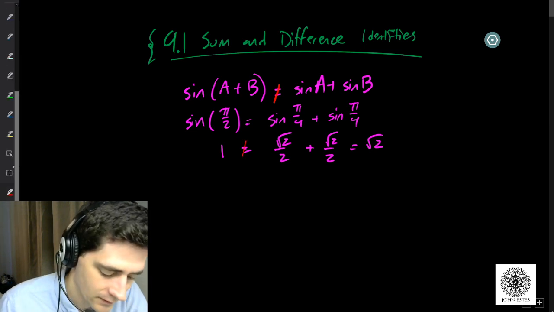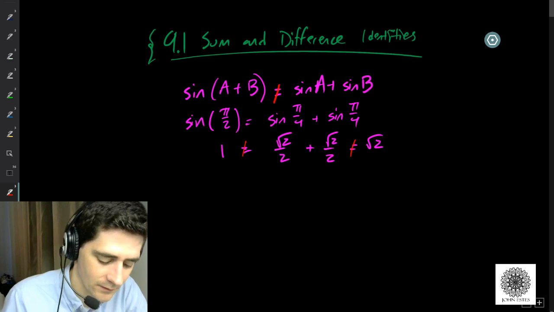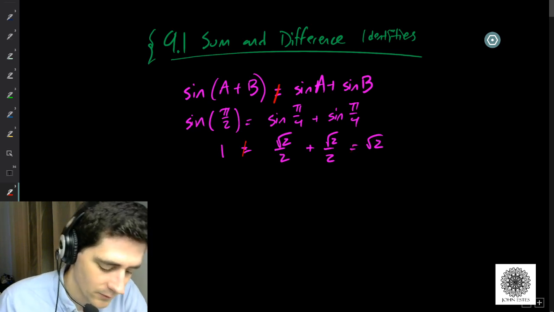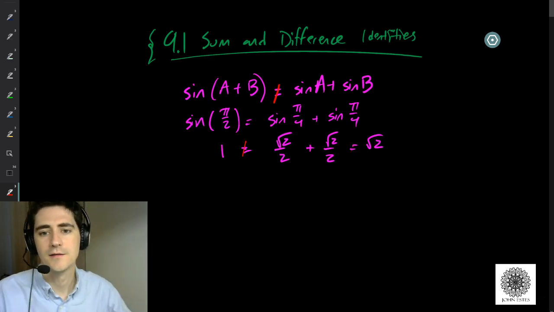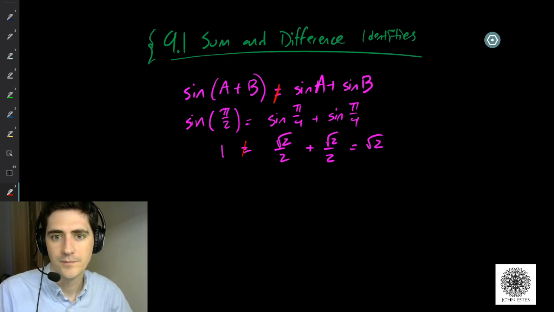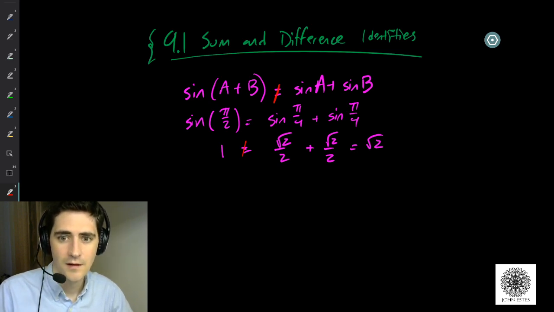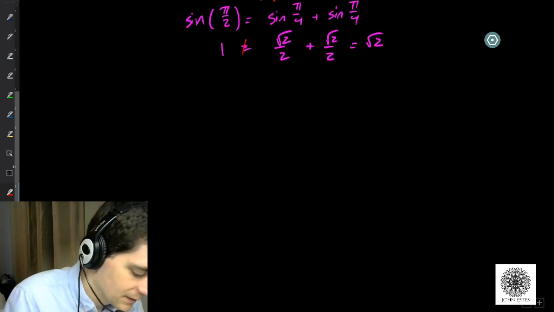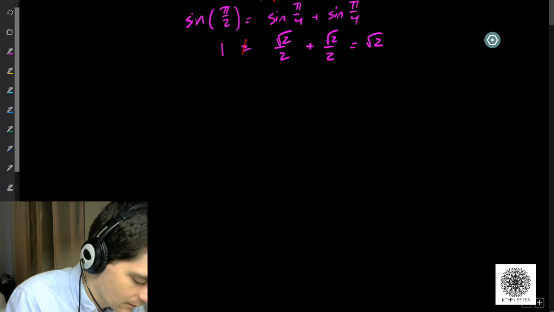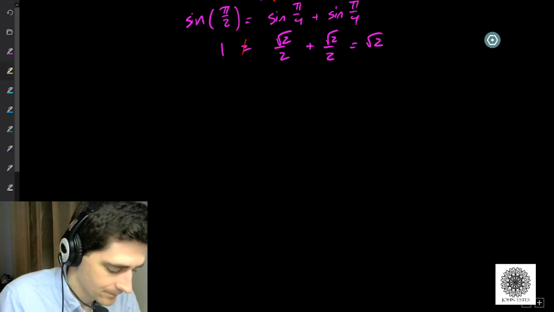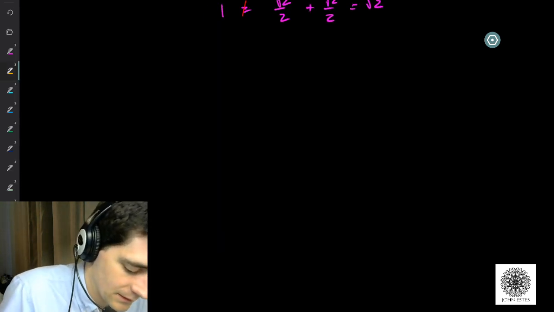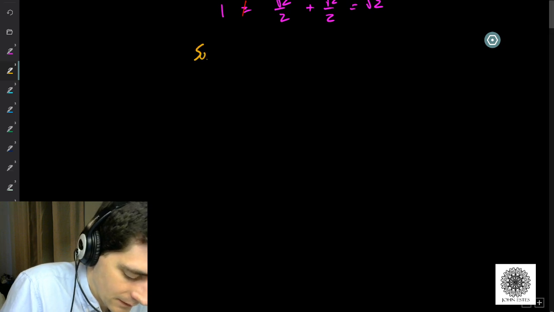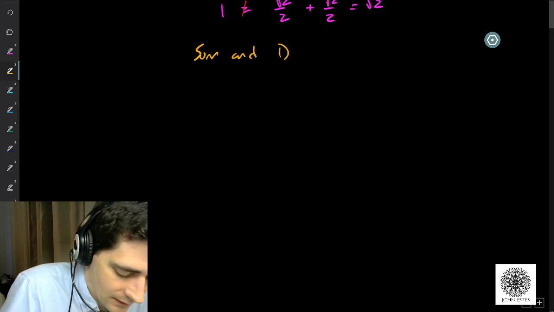So what we need is some identities to help address how we deal with this. Let's just list them out. We'll start off with the sum and difference identities.